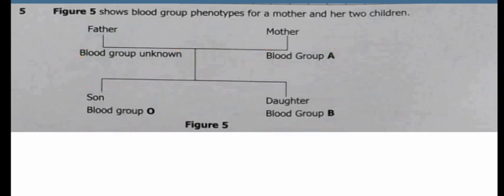When you talk of blood group alleles, we only have 3 types of blood group alleles. I'm saying we have 3 types of blood group alleles. The first one is A. The second one is B. Then the last one is going to be O. These are just the blood group alleles that we have.